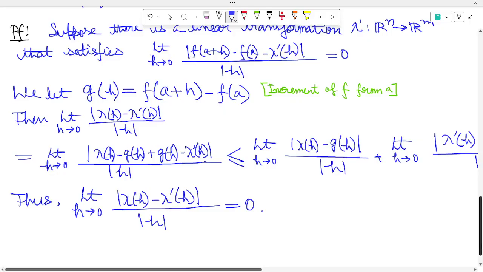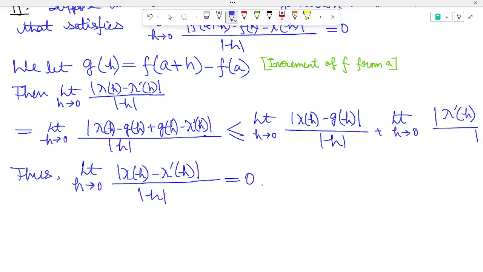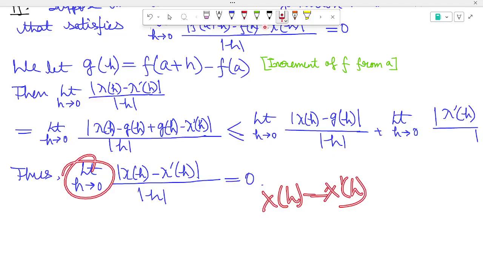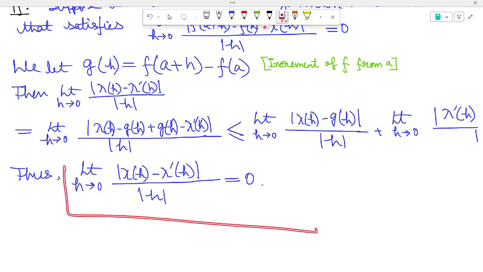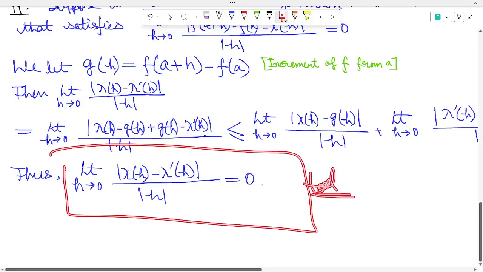But we need to prove that lambda h equals lambda dash h, and there is a limiting condition, so my theorem is not established yet. So I will use this as a tool to prove the next step.